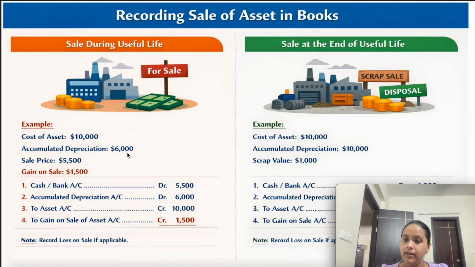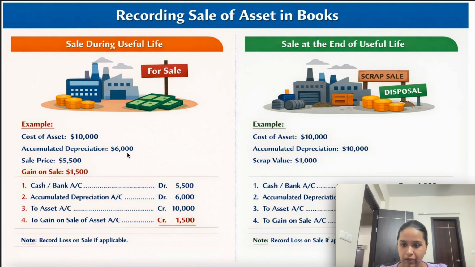It means, what is the book value? Book value is also the carrying value in your books. So it means 4,000, because the cost of the asset is equal to the purchase price. Cost of the asset is also known as the purchase price. It means how much price you have paid to acquire that asset, 10,000. And at this point of time, how much depreciation have you charged? 6,000, right?